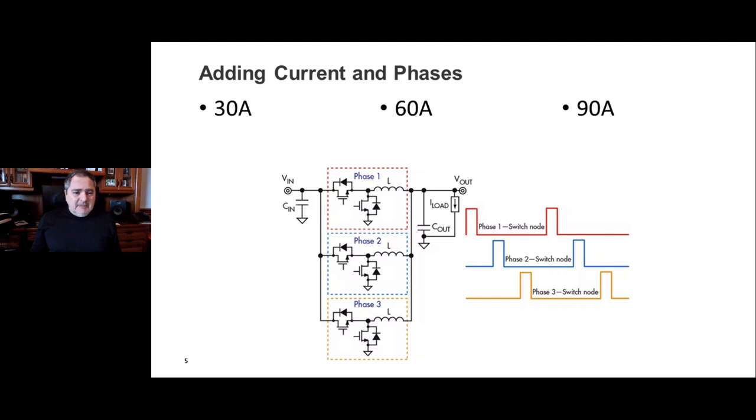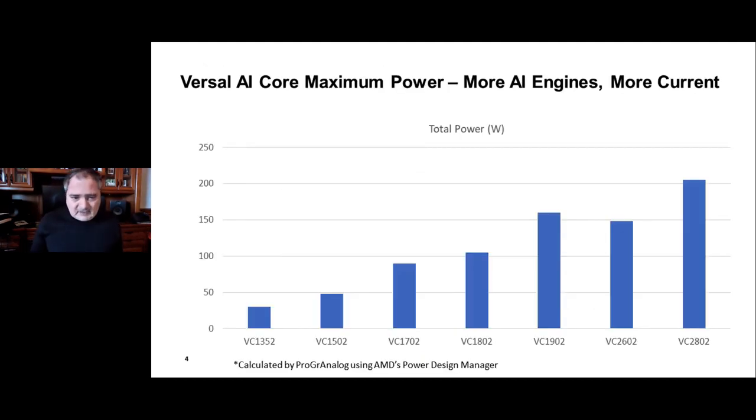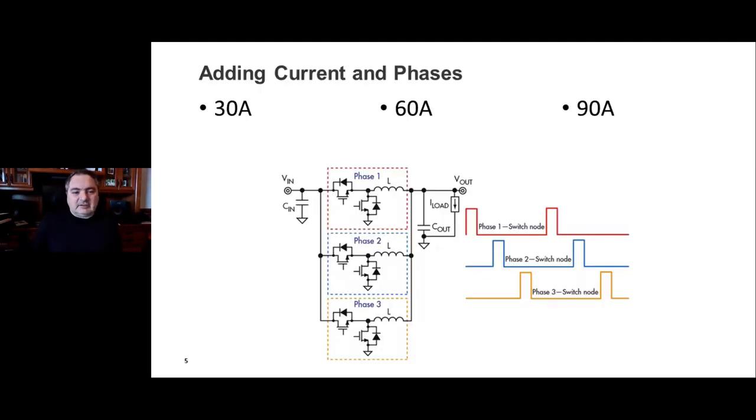So in the previous slide, let me just bounce back, we looked at it peaking just north of 200 amps. That's what the PDM told us. But we need to design a power management solution for greater than 200 amps because we want some design margin, and we need to set an OCP that's higher than the worst case current event.